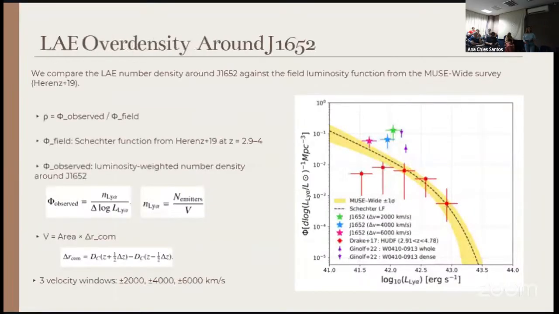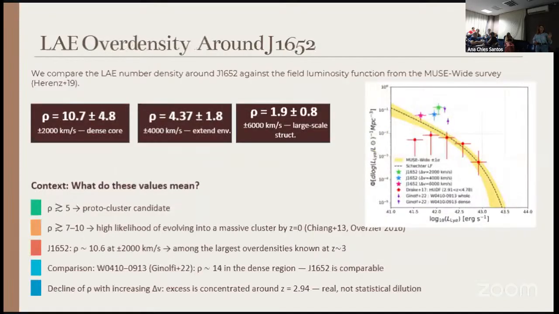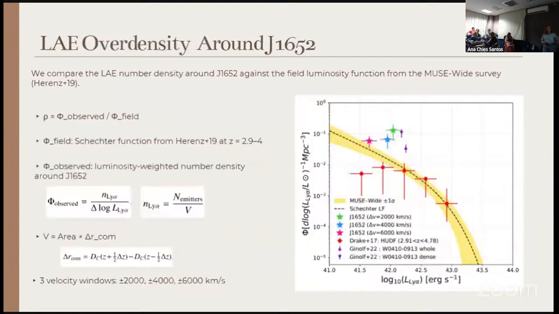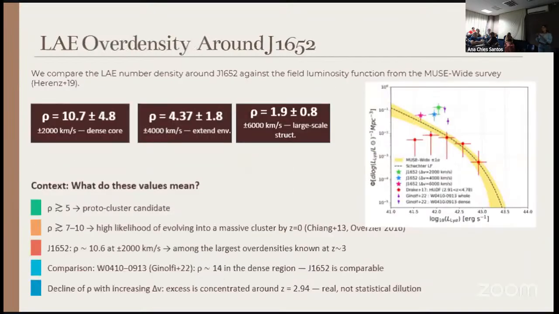And you can see here in the green, we are looking at the closest, with a 2,000 velocity offset interval. The number density is higher when you look closer to the quasar. When you add more volume, the density gets lower.